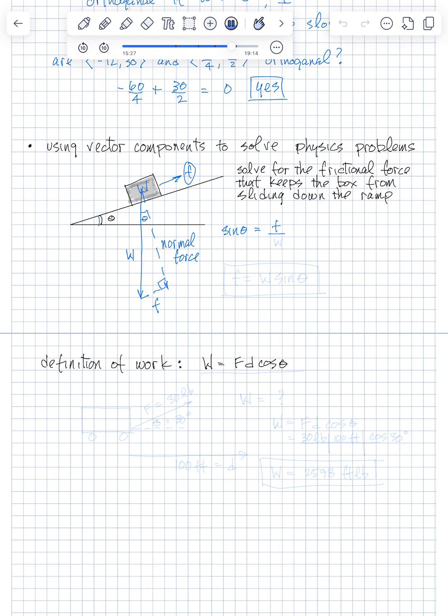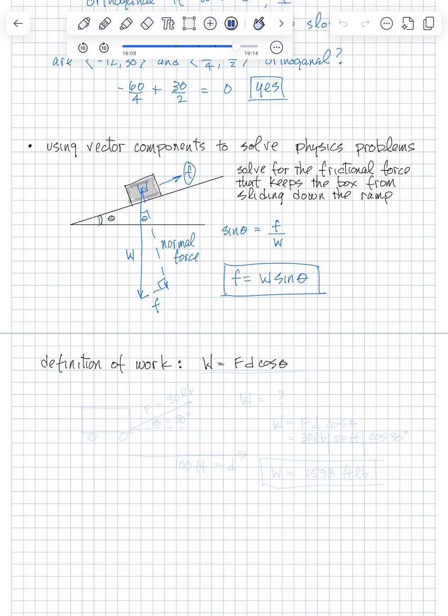The hypotenuse is W. So if we want to solve for the frictional force, little f, F is equal to W sine theta. Frictional forces are dependent upon what the box and the ramp are made out of. It gets pretty complicated, but just for our purposes, we can solve for the frictional force as W sine theta.